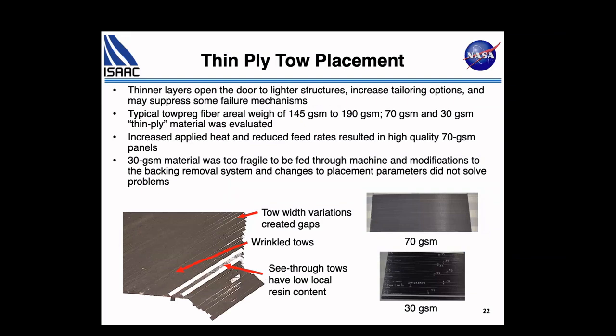We also have looked at very thin plies of material. If you want to build fast, you want your toes to be thicker. But if you want to get to optimal structural efficiency, you want the toes in the direction where you don't have as much load to be thinner. You never want to build a part where the fibers only go in one direction, because then all you've got in the other direction is epoxy.